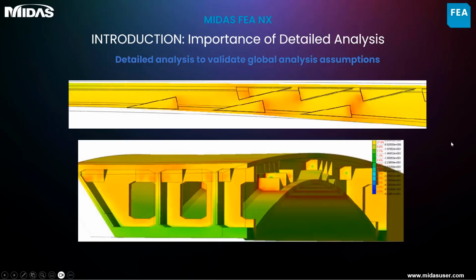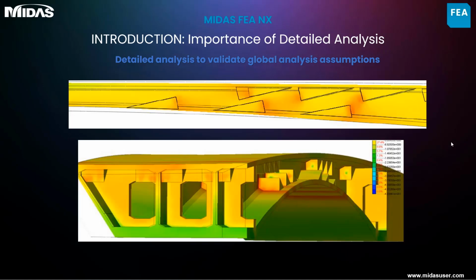Now, next is a balanced cantilever bridge that began showing cracks 6 months into service. The engineers revisited the design and confirmed that the global line model revealed no issues. Consequently, they created a 3D solid model to validate their assumptions. This analysis revealed higher stresses caused by the blisters on the top and bottom slabs being too close to each other, a detail which no global line model could predict.